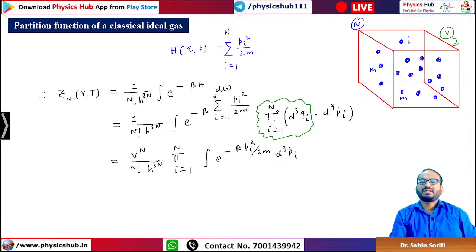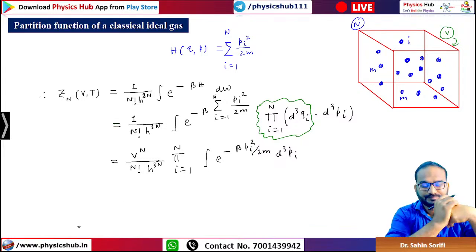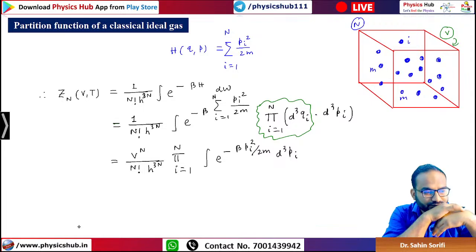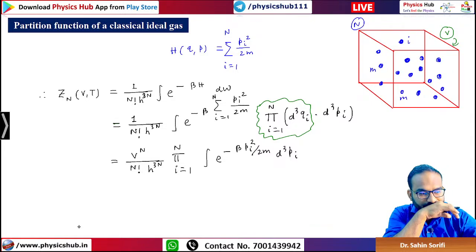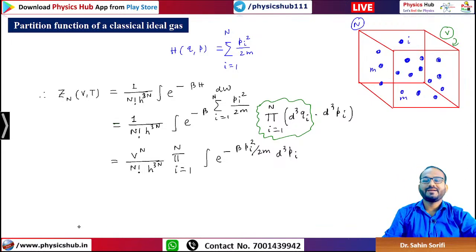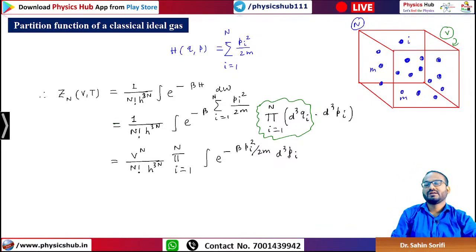So once you correlate this pi square by 2m with d3pi, this summation sign is absorbed in the integration. Now what is d3pi? This is the volume element in the phase space.